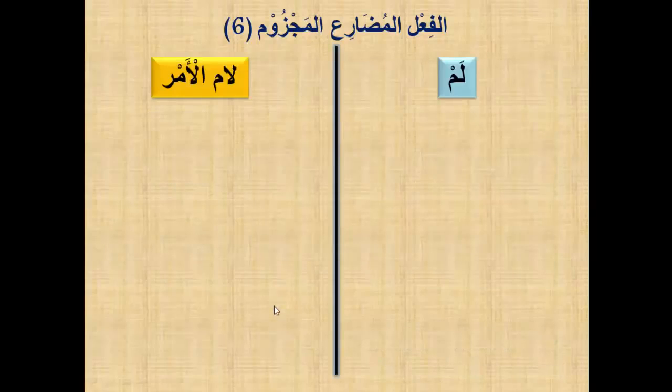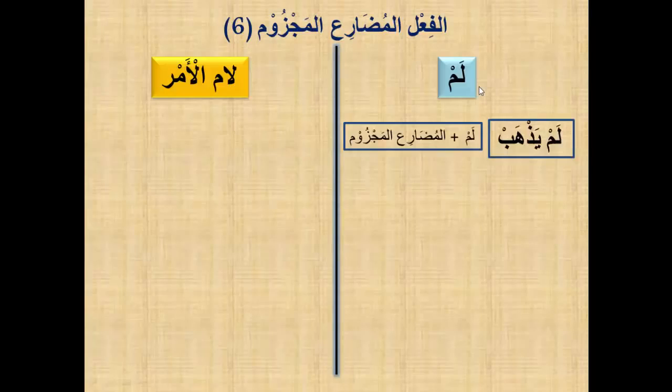What does lam and lam al-amr mean? Let's go through some examples of their usage. Lam yadhhab. Lam is used to negate the past tense. Lam yadhhab is a construction composed of lam plus al-mudari' al-majzoom with a sukun.